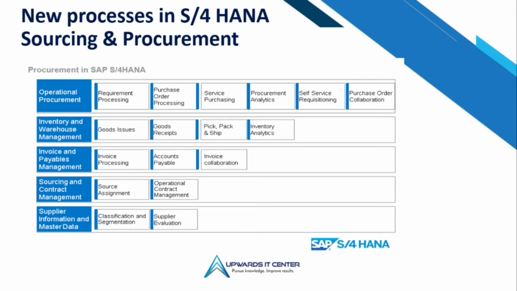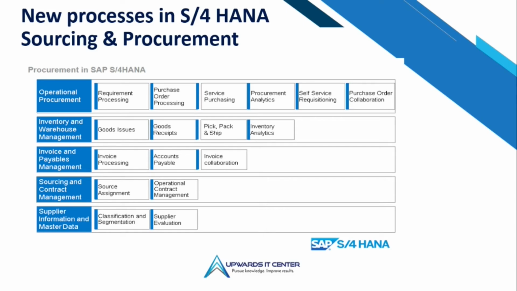Invoice and payables management: inside this end-to-end process, we have invoice processing, that's the common invoice creation, and accounts payable. So now the accounts payable process is inside sourcing and procurement. We are used to saying that this is for FI, for example, but now it's also inside sourcing and procurement, inside the S/4HANA logistics.